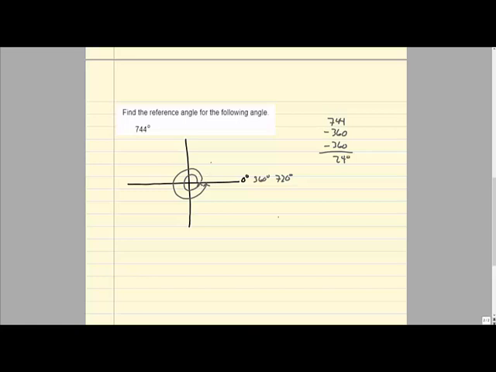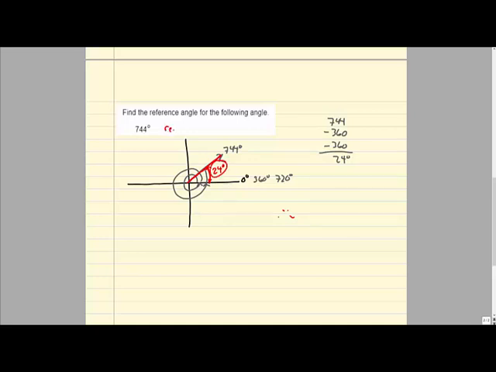So the amount of rotation that we're left with here is about 24 degrees. So this is 744 degrees. The amount of rotation that we completed here past the 720 was 24 degrees. And the distance from this terminal side to the nearest horizontal axis is that 24 degrees.